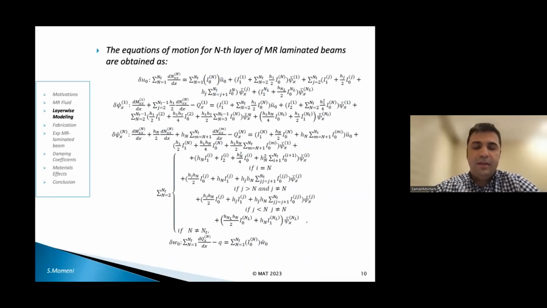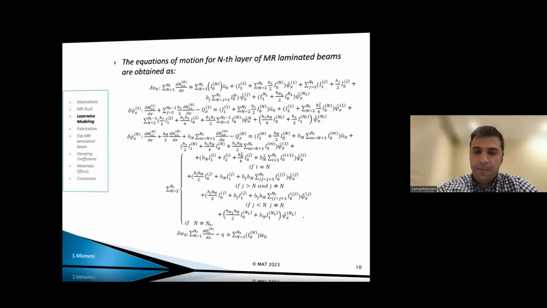As I said in the previous slide, the equations of motion for layer N of the MR laminated beam are obtained by this formula. For example, if you select N equal to 5, you can derive the equations of motion for 5 layers.